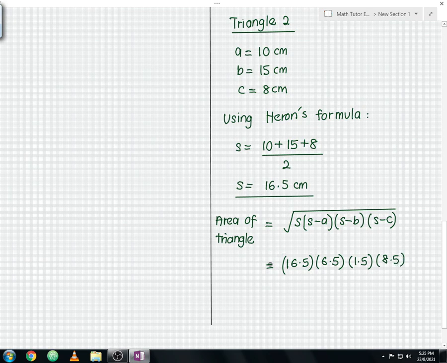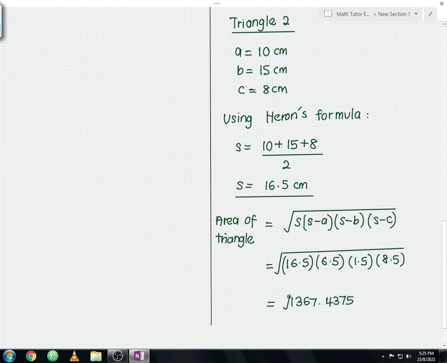You times everything and then you square root it. So when you times everything, you should get 1367.4375.